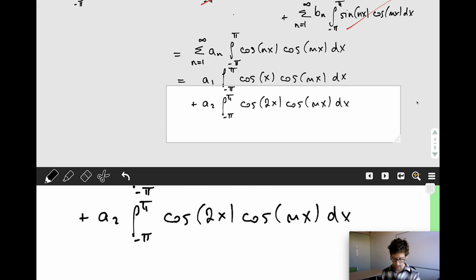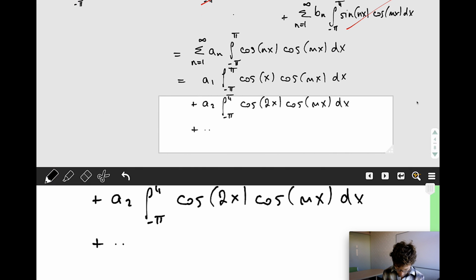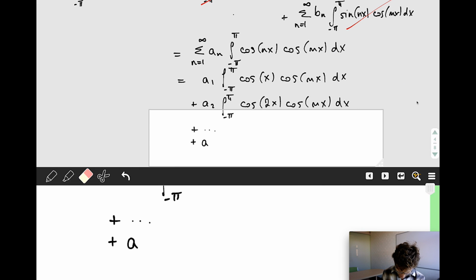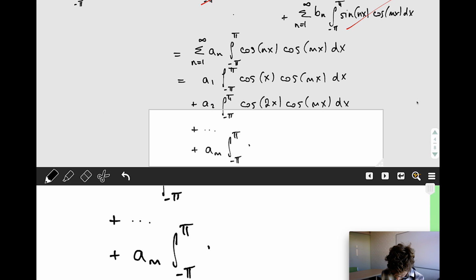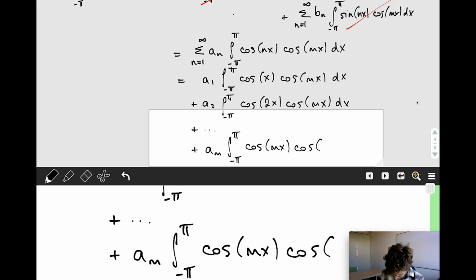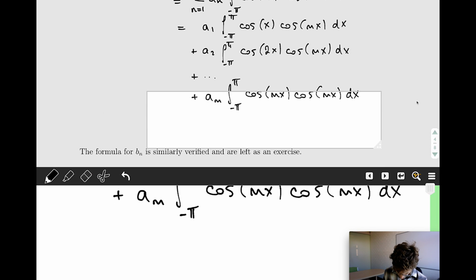A3, A4, A5, and so on. And let's say I keep on going until I get to am. I don't know what m is in advance. It's something that I specify. So I get to am, with the integral from minus pi to pi of cosine mx times cosine mx dx. And there are all the terms greater than that, am plus 1 all the way up to infinity.